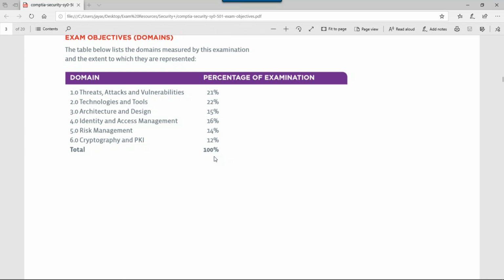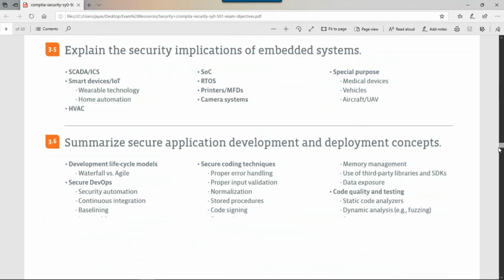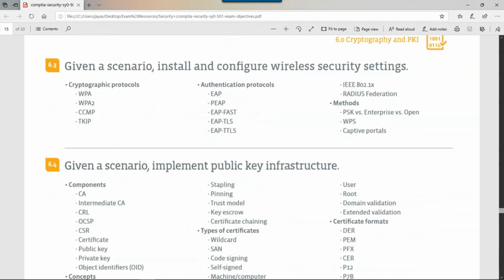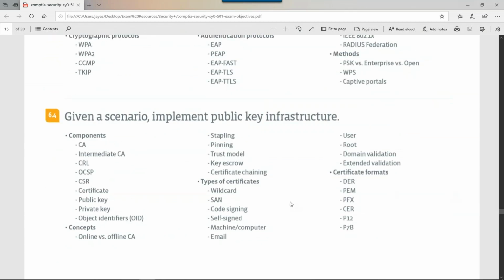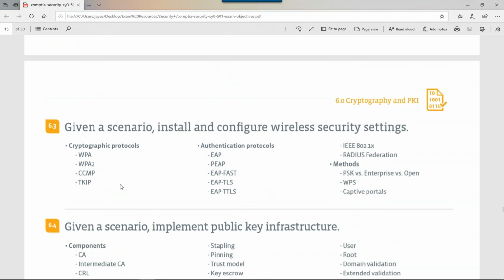Identity and access management, technologies and tools, cryptography, PKI, public key infrastructure. I'm going to scroll down to the bottom. If you guys have any questions, just ask them. We'll just go from there. I'm looking for something pertinent.